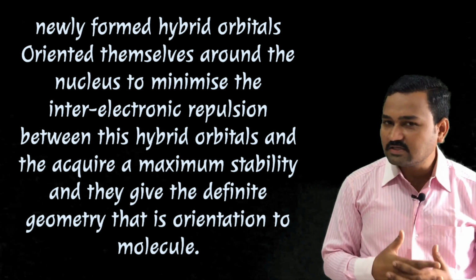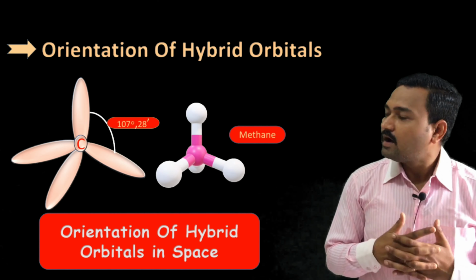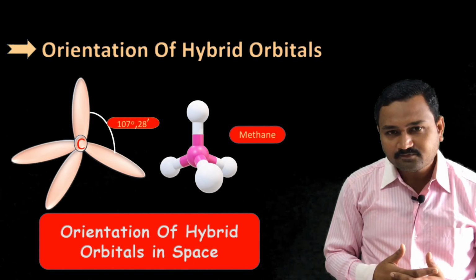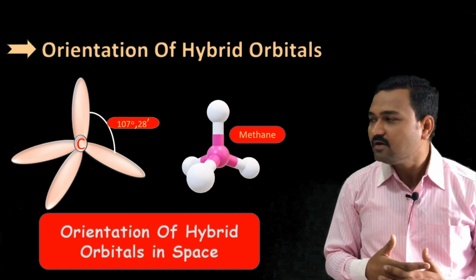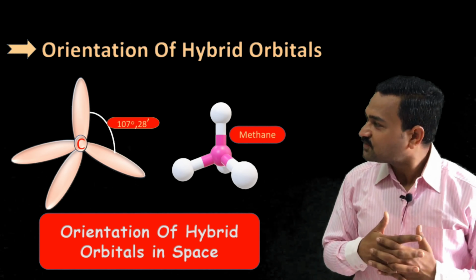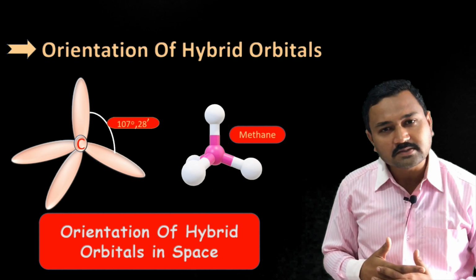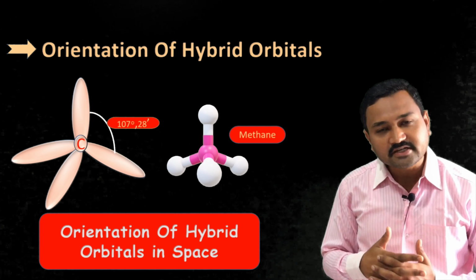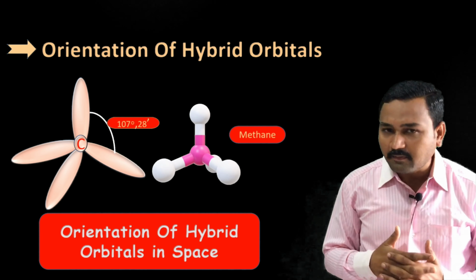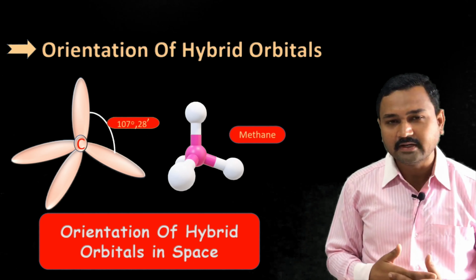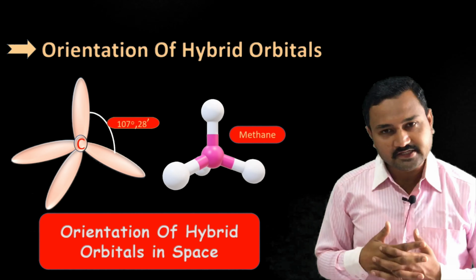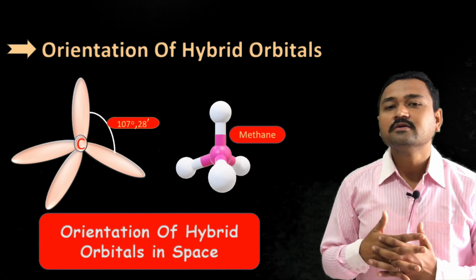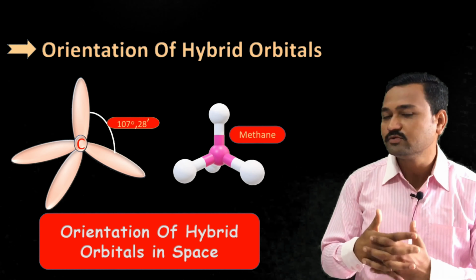For example, in the methane molecule, these newly formed 4 hybrid orbitals arrange themselves in such a manner that they have the minimum repulsion and the maximum stability, which I have shown here. So these 4 hybrid orbitals orient themselves tetrahedrally, and this is an important process in hybridization, which gives the shape and geometry to the molecule.